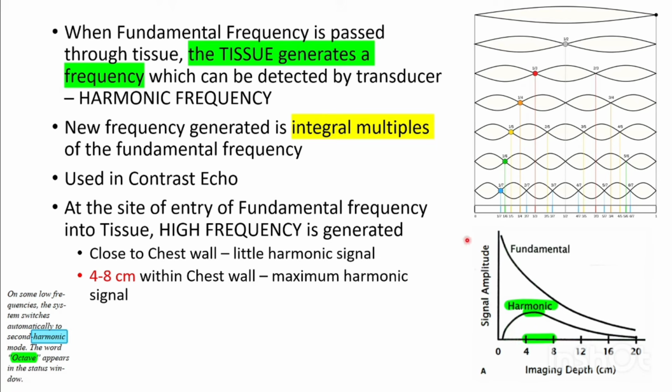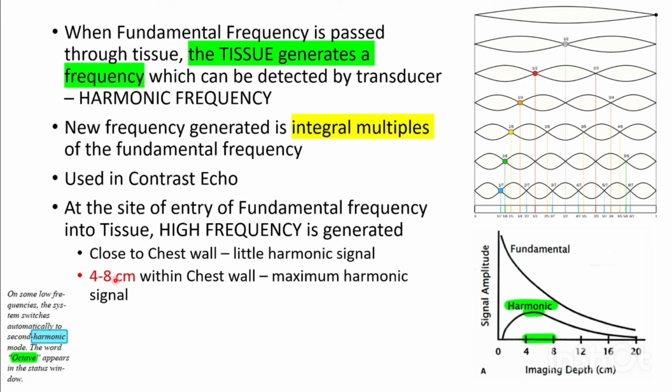With this picture, suppose we are sending a fundamental frequency through the chest wall. As it goes deeper and deeper, the amplitude decreases. But the harmonic signal is generated by the tissue, starting from deep within and coming towards the transducer. The deepest area, typically within 4 to 8 centimeters, will have the best high frequency harmonic image, and as it comes towards the transducer, its amplitude decreases.